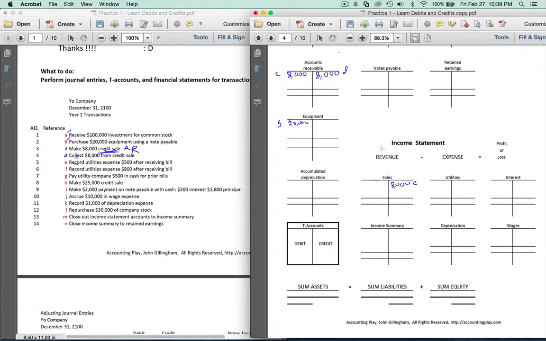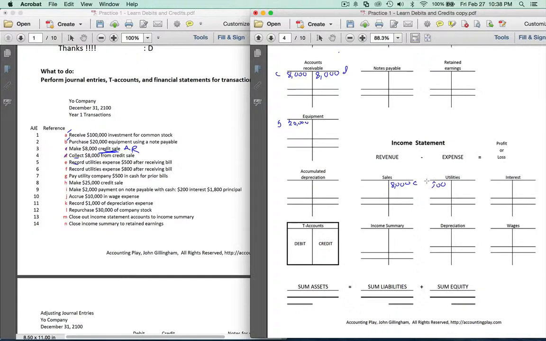So now we're in the income statement area where revenue minus expense equals a profit or a loss. So recording utilities expense is going to be a 500 debit. 500. Awesome.